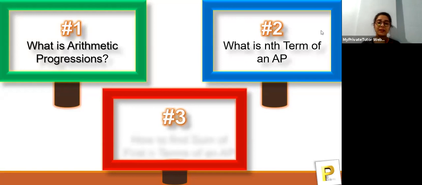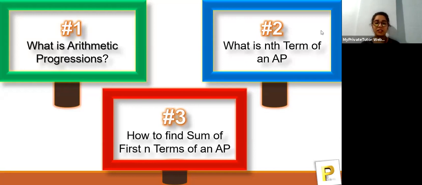Next, number 3 is how to find the sum of the first n terms of an AP. Again, first you understand part 1, then part 2, and once you're clear with 1 and 2, you will get the third part as well.